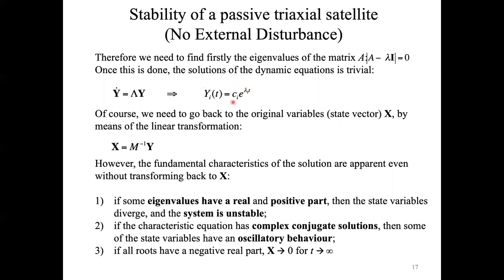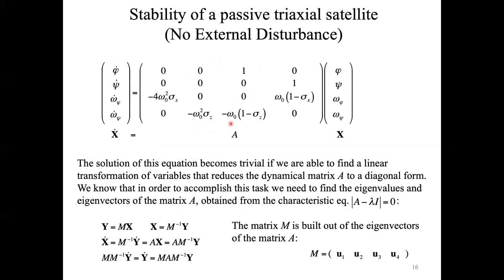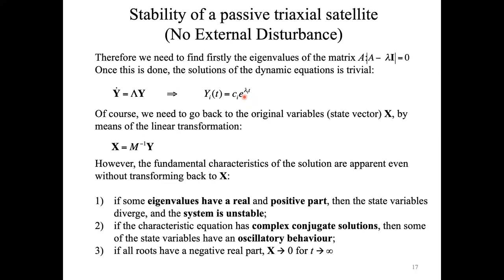So what we are going to do basically is to see that our solution depends on the eigenvalues of the matrix A. The main problem is that afterwards we need to go back to x, of course, but this transformation is straightforward. If we multiply the exponential term by the eigenvector matrix, we are able to see that x is a function of this exponential term that depends on the eigenvalues.